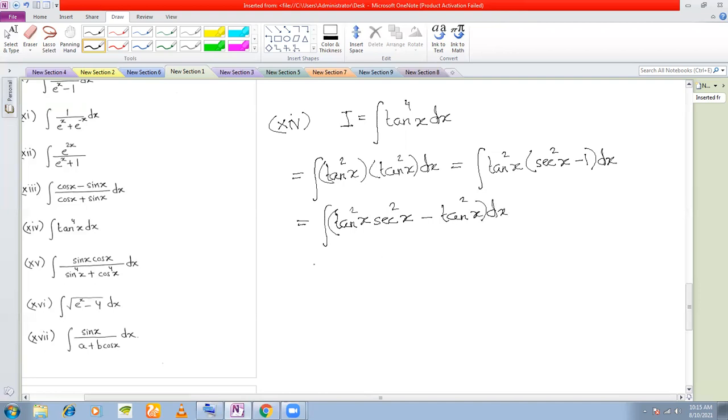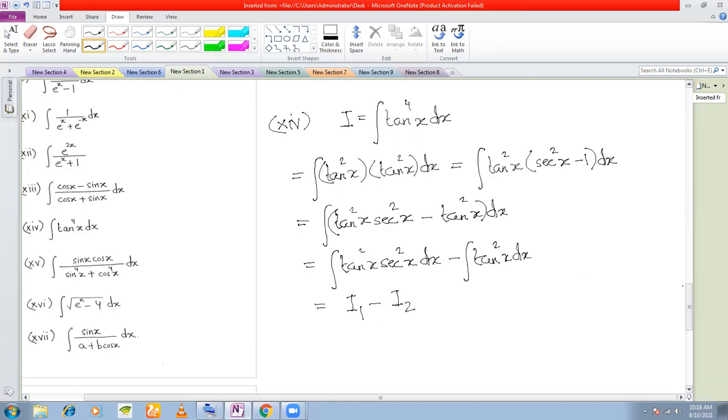Now if you separate this integral, you will get integral tan square x sec square x dx minus integral tan square x dx. Let us call this first integral I1, and this I2.